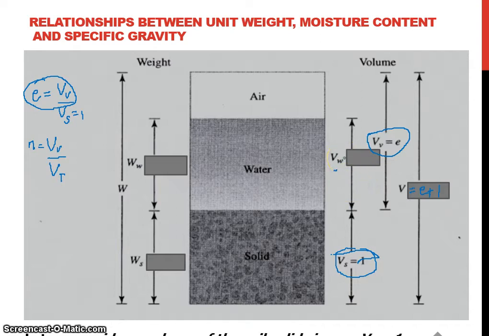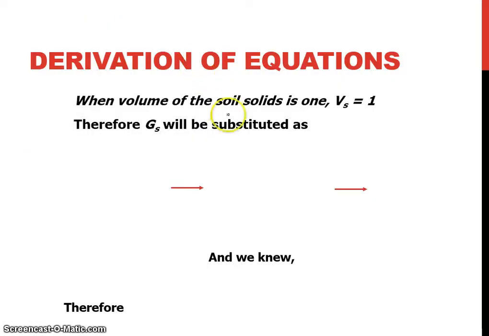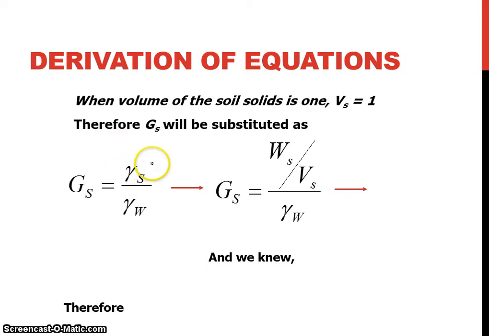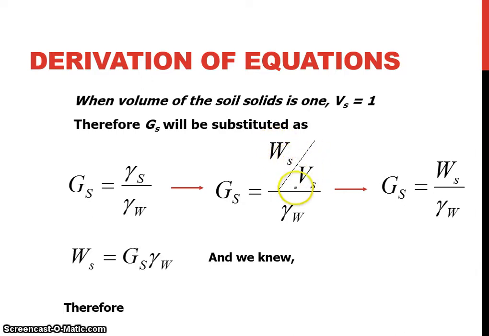Next, I would like to derive the weight of water and the weight of solids with Gs and also the moisture content. When the volume of solid is 1, or Vs equal to 1, we know that specific gravity is the ratio of the unit weight of solid to the unit weight of water, and the unit weight of solid is the weight of solid over the volume of solids.